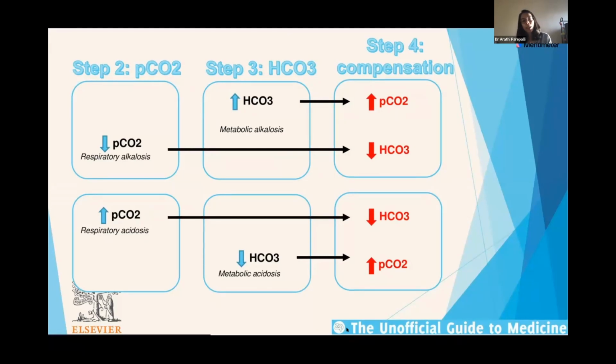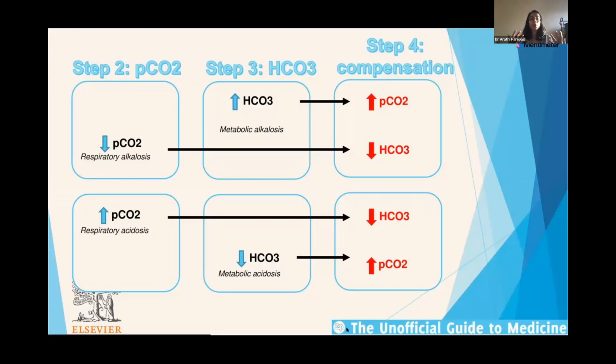So if you've got metabolic alkalosis, your pH is high, your bicarb level is high, and the only thing the body can then do quickly to respond to that is alter the carbon dioxide level. As I said, the carbon dioxide will bring your pH down.